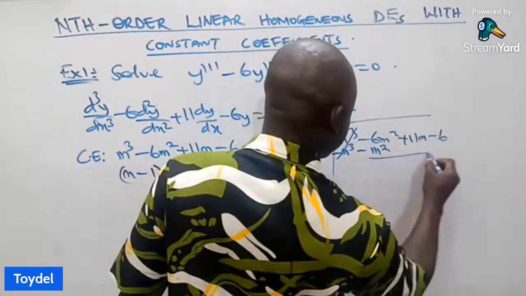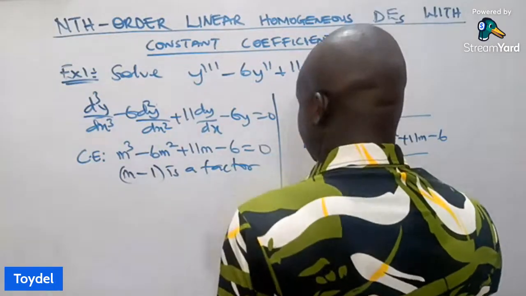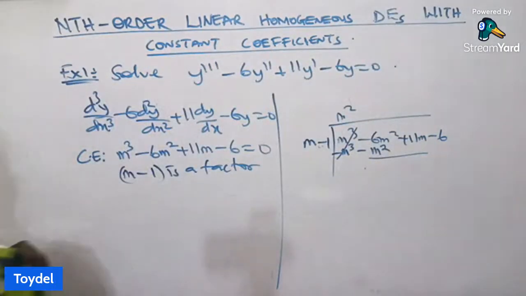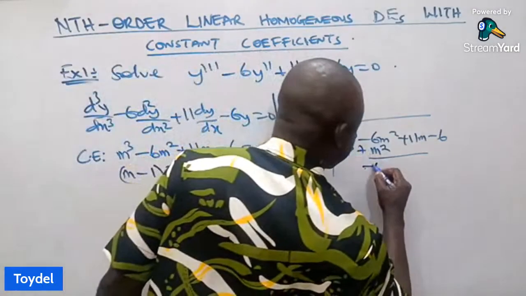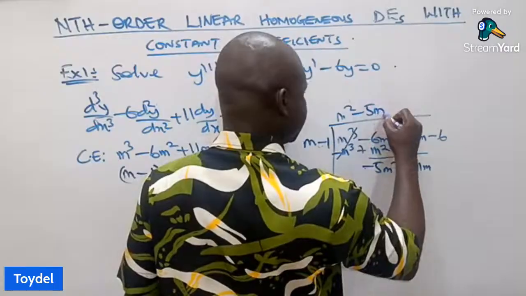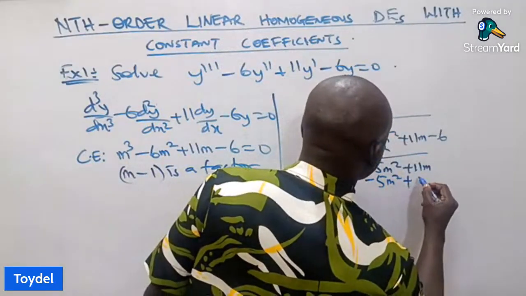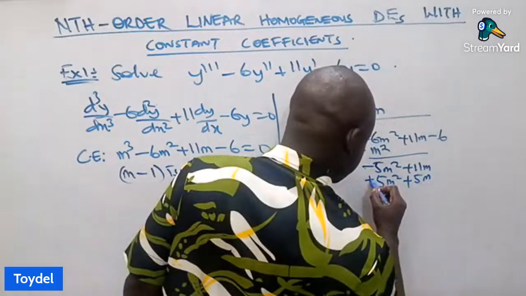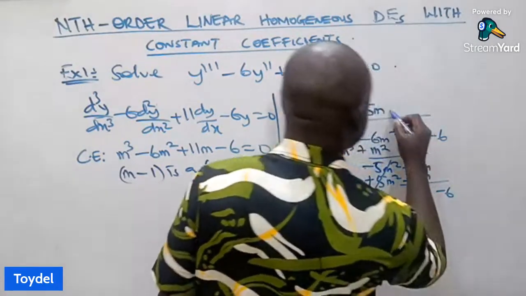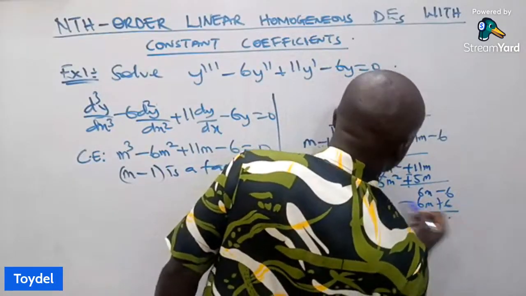Then here we have minus 5m squared plus 11m. So we introduce minus 5m here. If we multiply, we have minus 5m squared plus 5m. If you introduce minus, this will cancel out. Then we have 6m minus 6. If you introduce minus, it's 0.